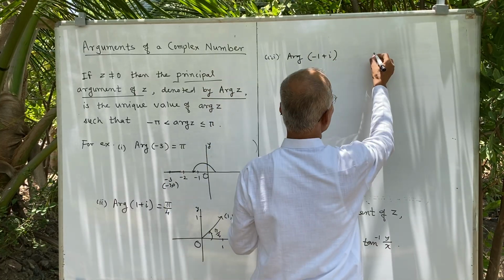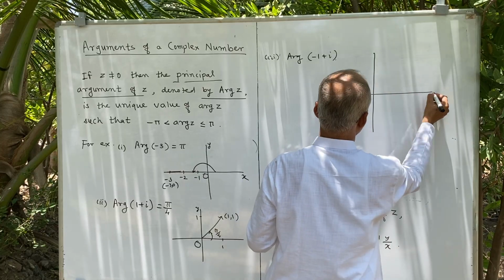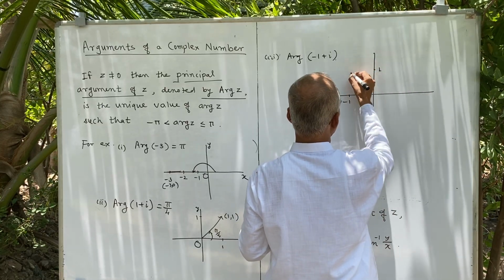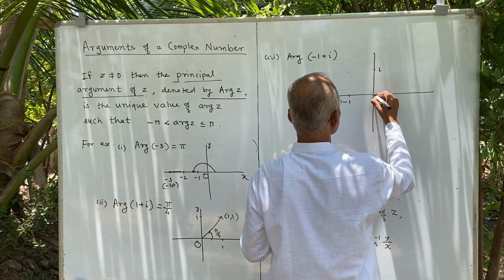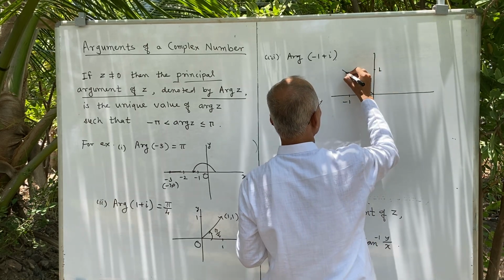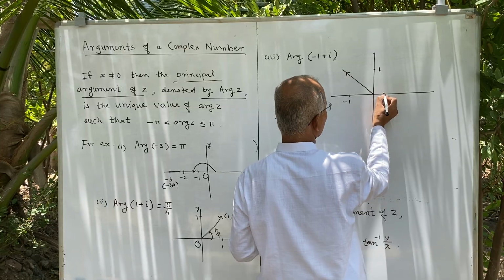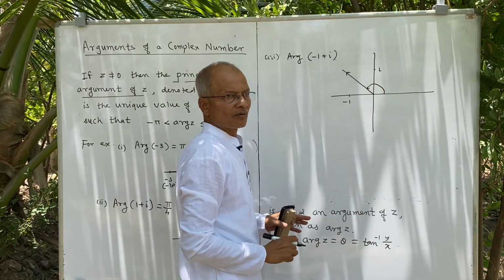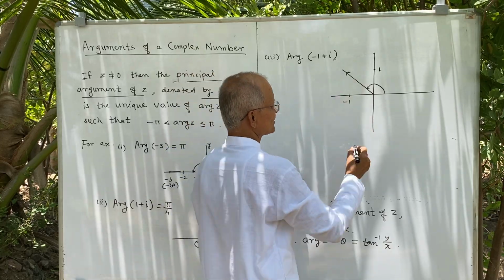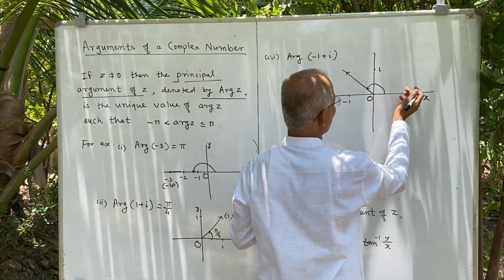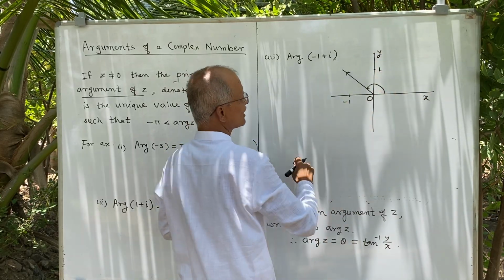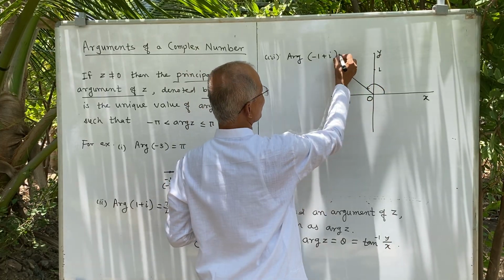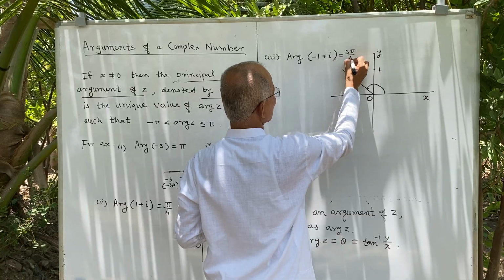This will be the point minus 1 comma 1, and it bisects the angle in the second quadrant. The argument will be the angle made with the positive x-axis in anti-clockwise sense, up to here is pi by 2 plus pi by 4, and therefore this is 3 pi by 4.